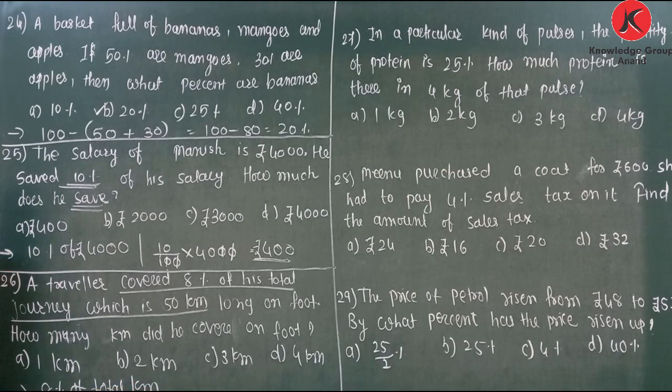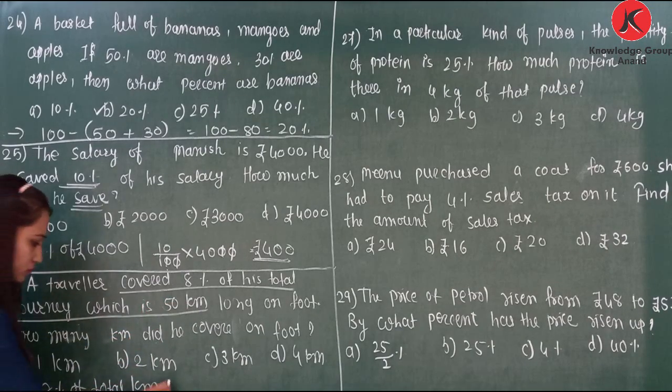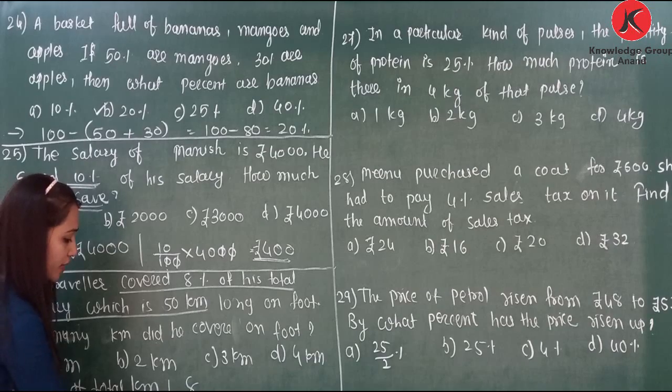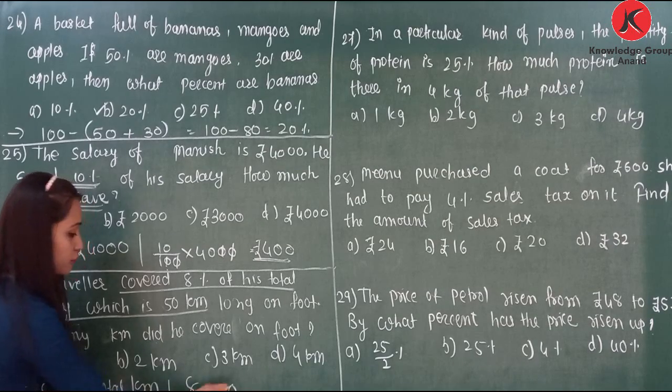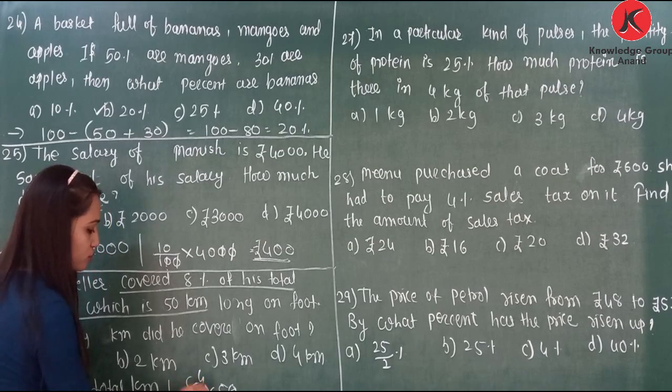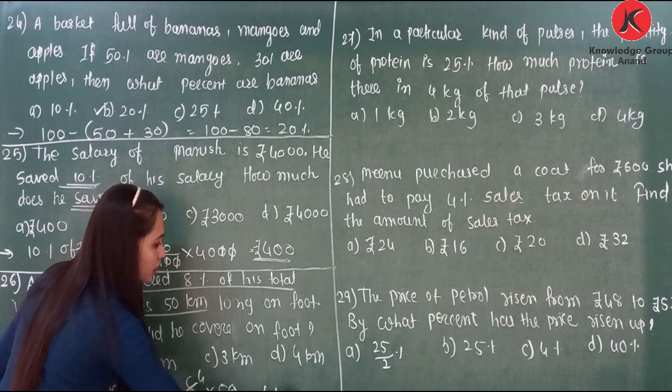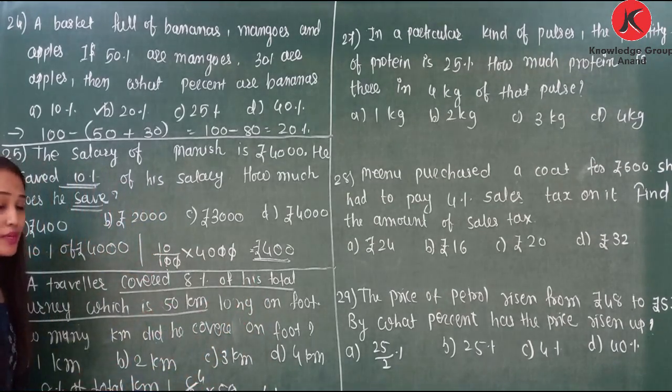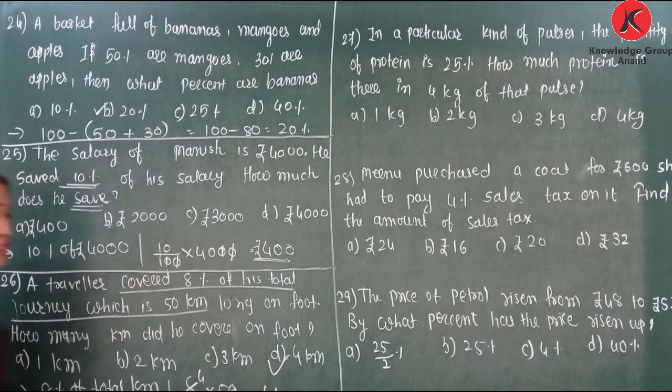So 8% of 50. Here it is written 50 kilometers. So we can write 8 divide 100 multiply 50. 50 2s are 100, and 2 4s are 8. So it is 4 kilometers. 8% of 50 kilometers is 4 kilometers. Means 4 kilometers covered on foot.